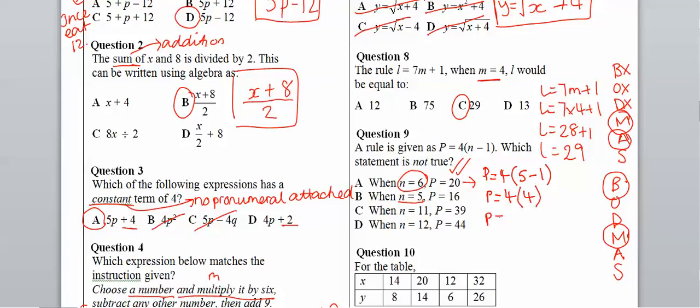And remember that there is a multiplication in between the 4 and the brackets, so that becomes 4 times 4. So that means P equals 16. So that means B is also correct. Let's move on to C and erase this.